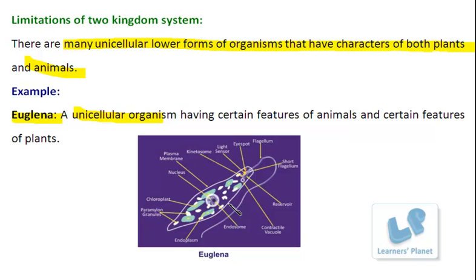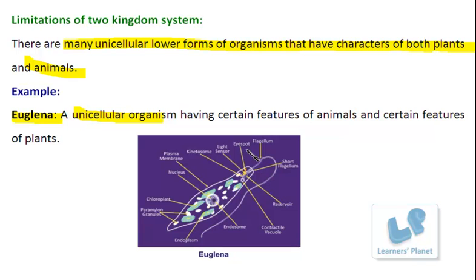So this is not the characteristic feature of a plant, right? That means it should be placed in the animal group. But further, these organisms have the eye spot and the chloroplast. That means they can photosynthesize, right?